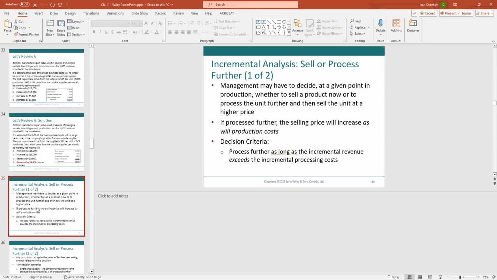How much additional incremental revenue can I generate if I convert it to cheese? I'm selling it currently at $4 per liter, and as cheese I can sell it for $10. How much additional revenue am I generating? $6. But it's going to cost me $5 to convert milk to cheese.